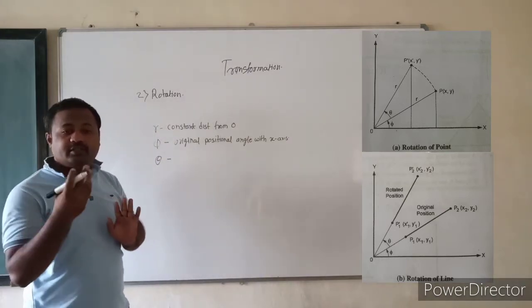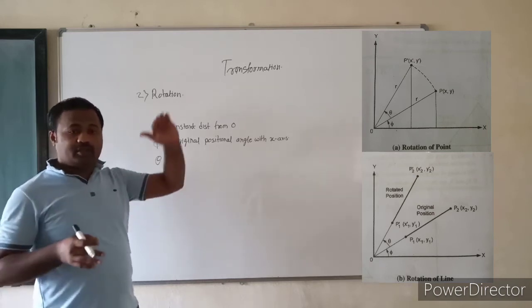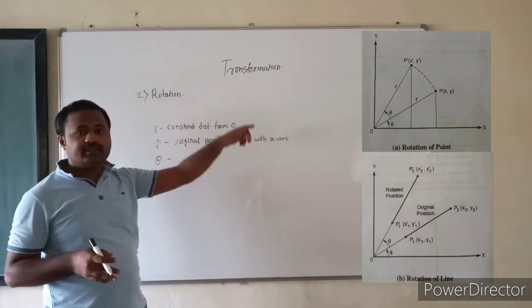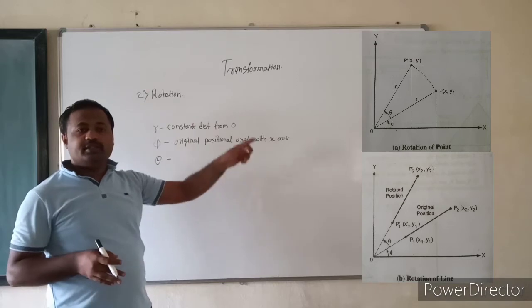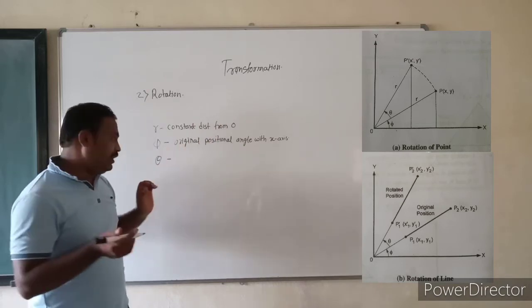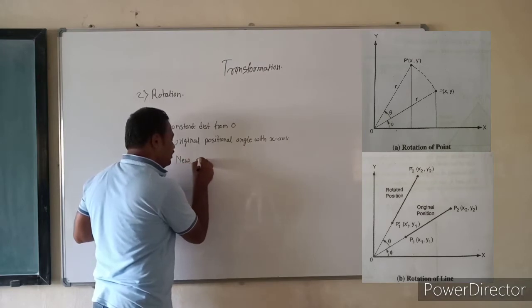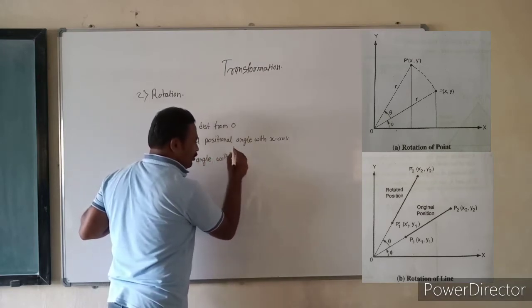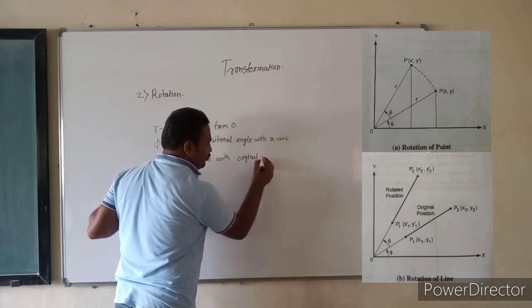Theta is the new rotational angle in the counterclockwise direction. Clockwise is this direction, and counterclockwise is the reverse of the clock. Theta is the new angle with the original point.